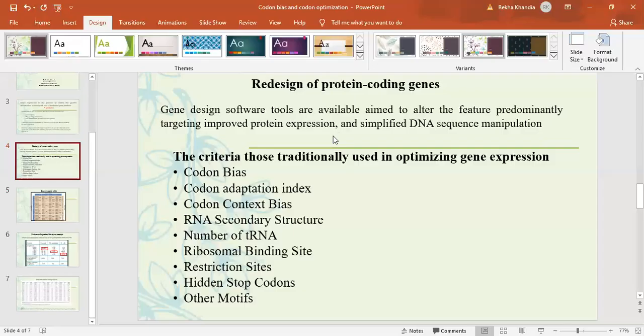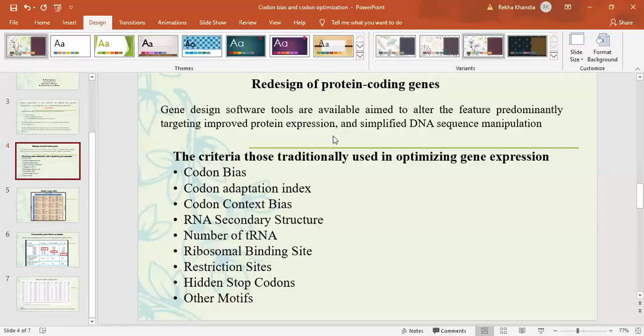Means in one gene codon bias may be towards some codon, in another gene it could be for some other codon. So this is called codon context bias. So within an organism itself there could be variable bias. If we have to take this criterion into consideration, then we take the average of all the codon bias present in all protein coding genes.